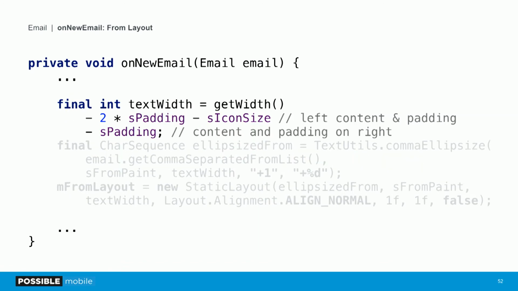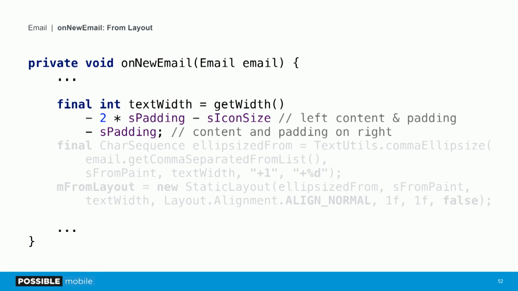Next, we're going to need to actually create our layouts, so once we get to onDraw, all the work is done. The first thing that we'll need to define is how much width we actually have to draw that text in. In this case, we're going to calculate that by taking the total width of our view. Then we're going to subtract the width of everything on the left, in this case 2 times the padding and the width of the icon. So now we have the left side of our text.